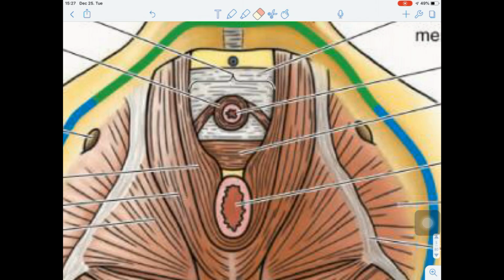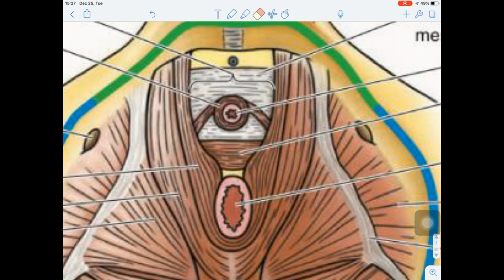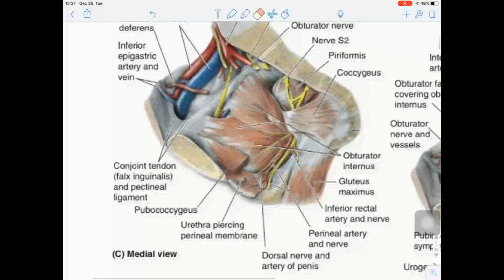In the case of the female, it is the urethra plus vagina. It passes through this space, which is called the urogenital hiatus.